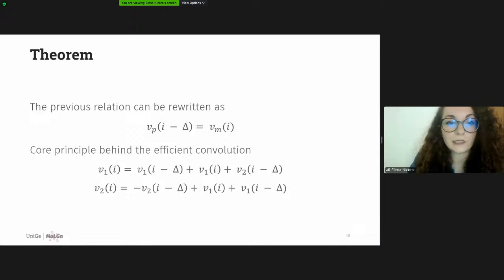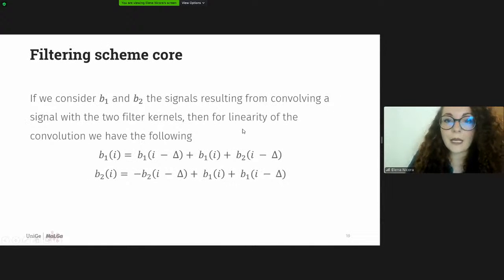So if we expand the sum and the difference, we obtain this core principle here that is the base of our efficient convolution. And for linearity of the convolution, we can switch from the vectors to the signals resulting from convolving the image with the two kernels.